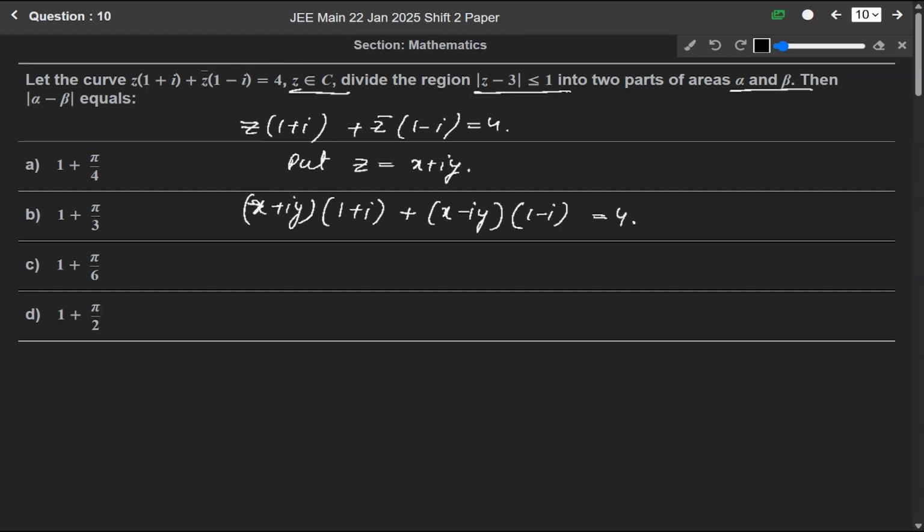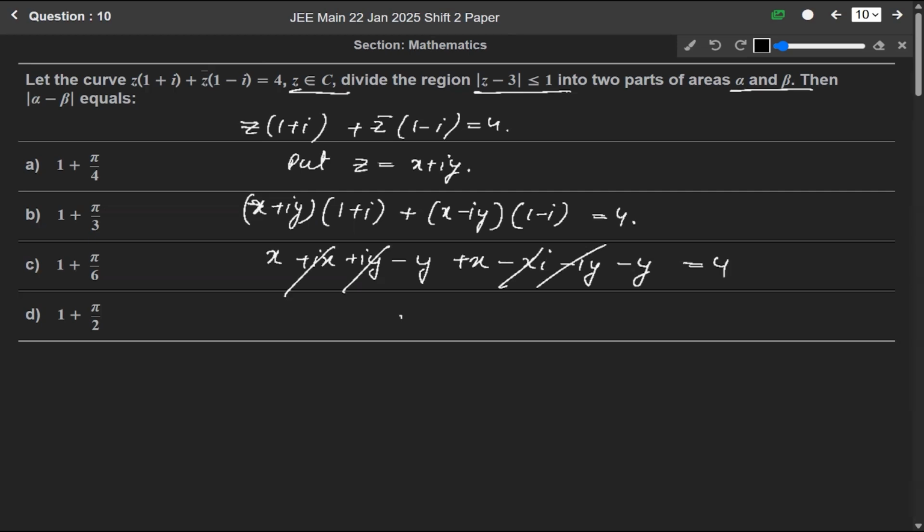Okay. So when we solve it, this will become x plus ix plus iy minus y plus x minus ix minus iy minus y, since i square means minus 1. It will be equal to 4. So this cancels out.